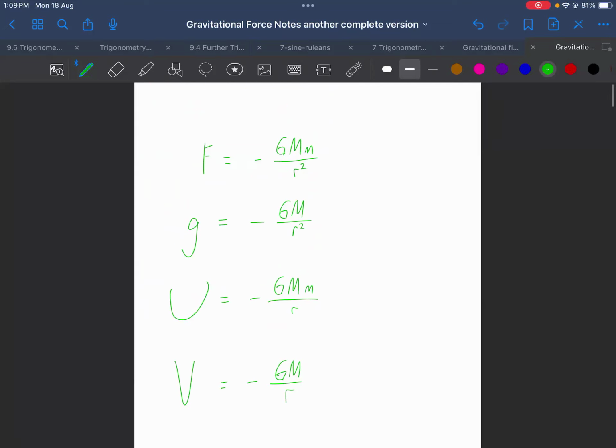So basically, there are 4 items here. Let's come again. We have gravitational force, we have gravitational field strength, or you can call it gravitational acceleration. And then we have gravitational potential energy. Finally, we have gravitational potential. Have a look first.